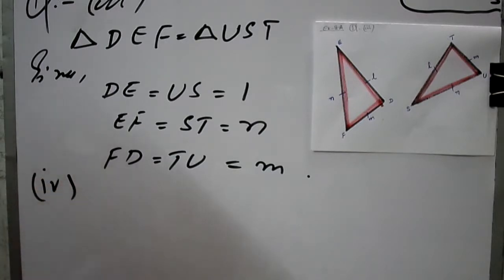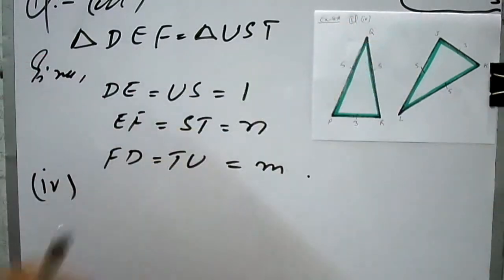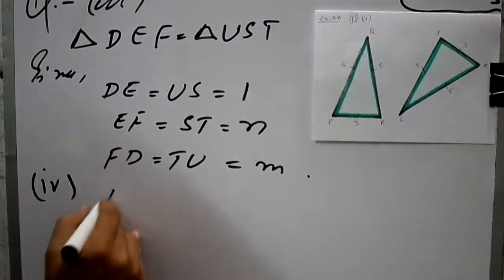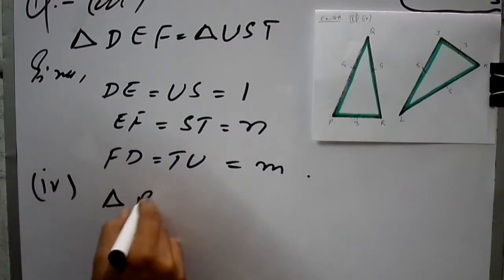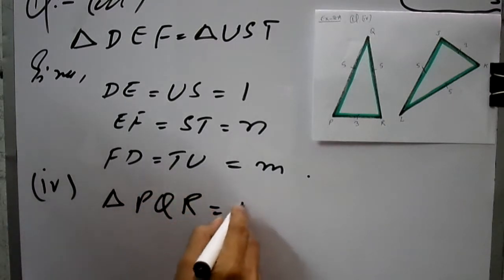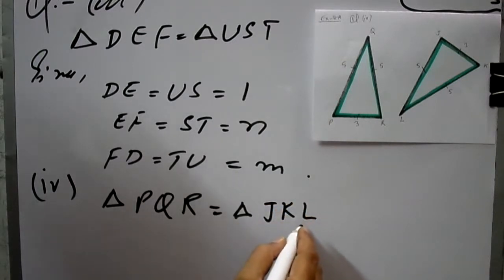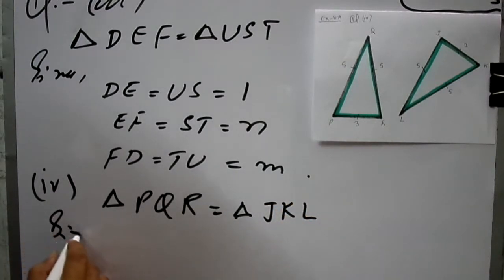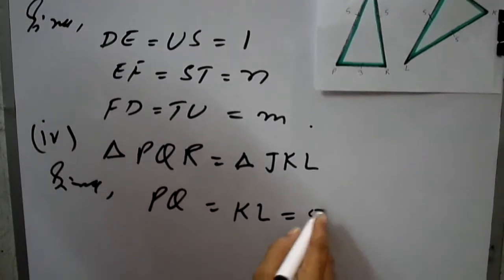Similarly, the fourth part, you can see triangle PQR is equal to triangle JKL in your textbook, and you can see that this side, PQ, is equal to KL, which is equal to 5.